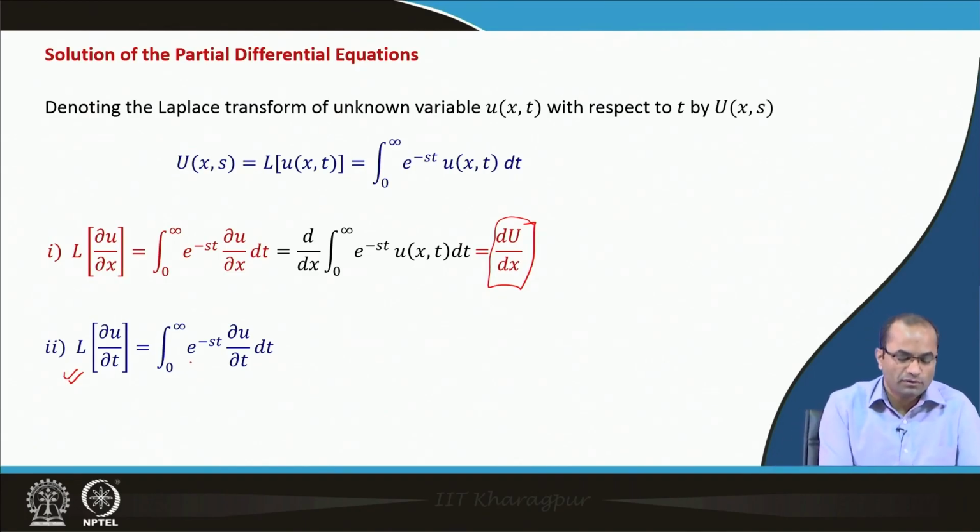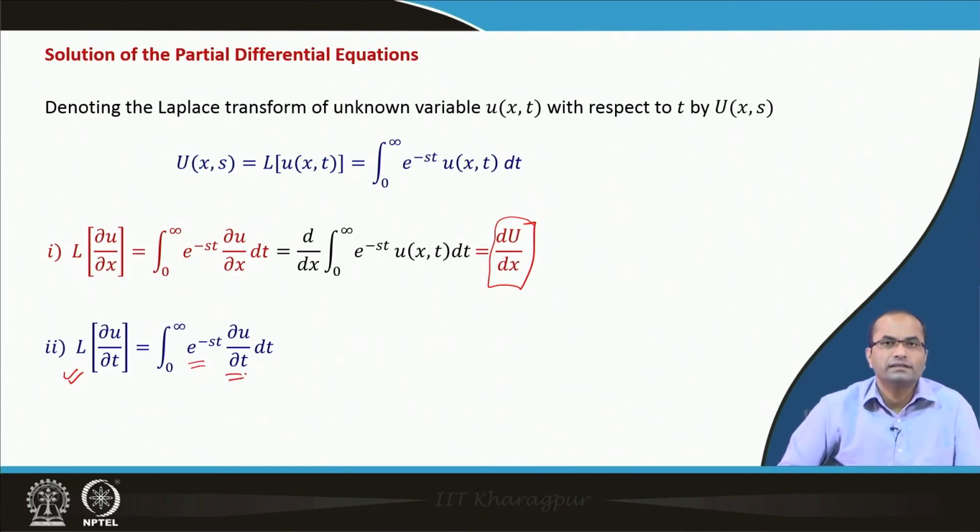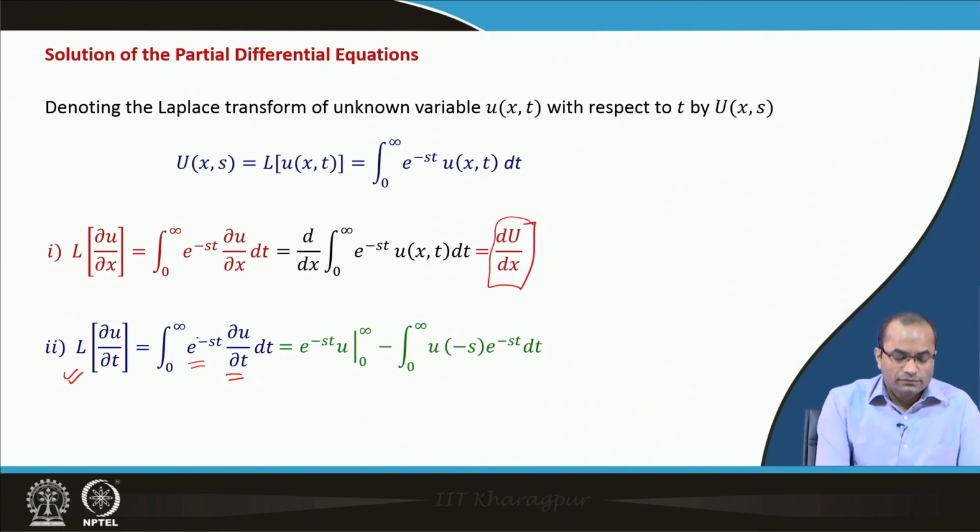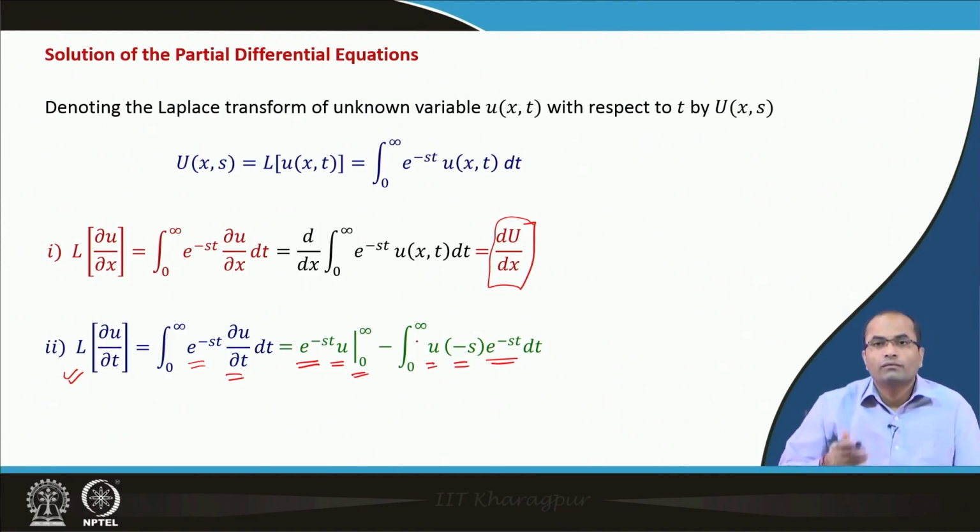If we have the integral of e power minus s t ∂u/∂t dt, we integrate by parts: we have e power minus s t and ∂u/∂t will give you u, with limits 0 to infinity, and again the same thing, e power minus s t with minus s, and then the integral of this ∂u/∂t will be u.